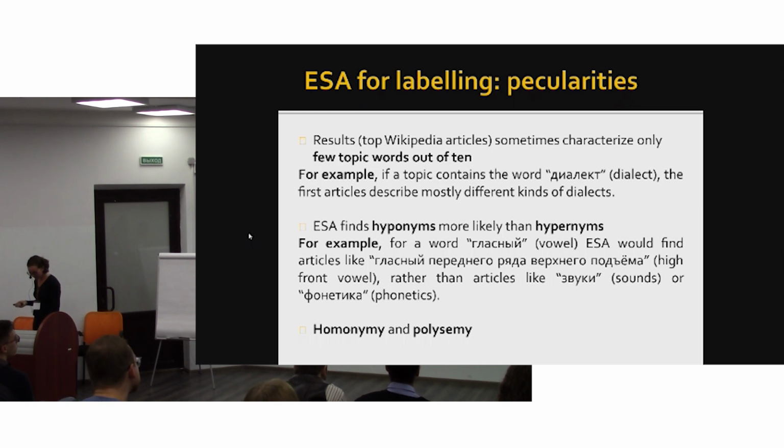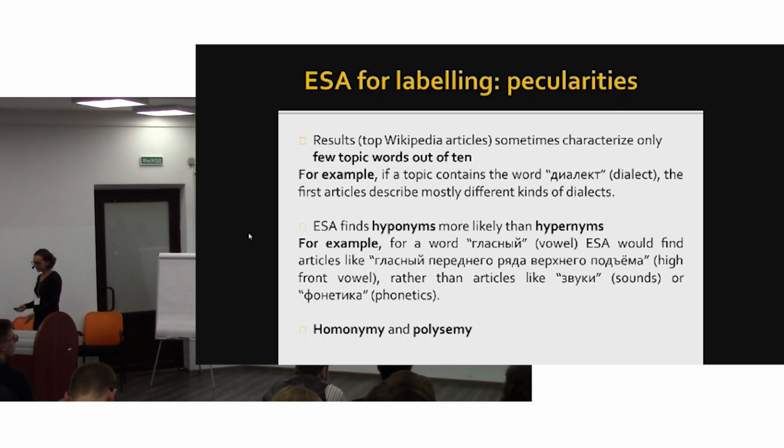This is connected with the way ESA computes the vector for the text, because it gets vectors for each word, and if some word contains very high TF-IDF values, in the resultant vector they tend to outweigh all other TF-IDF values for other words.